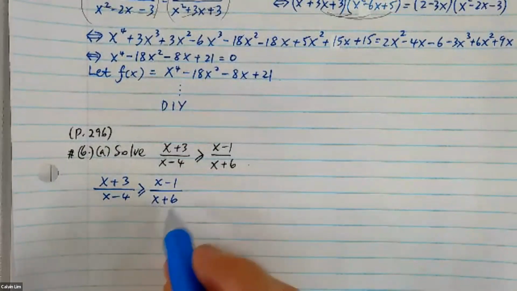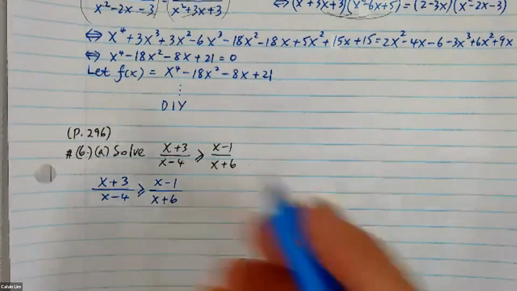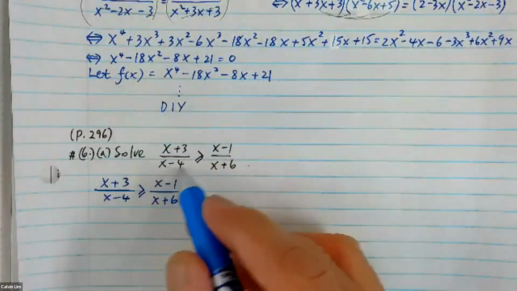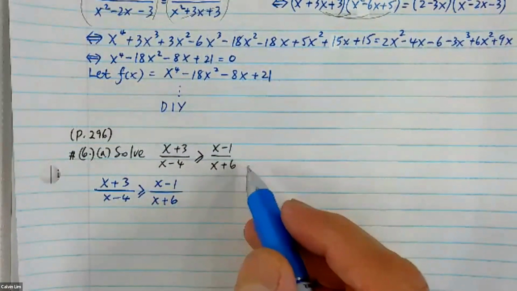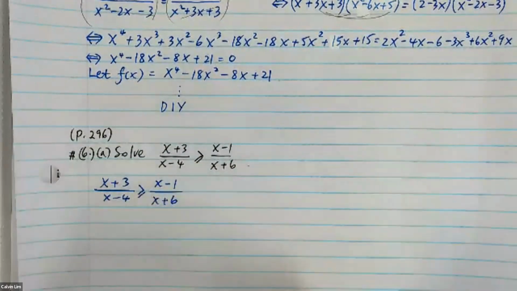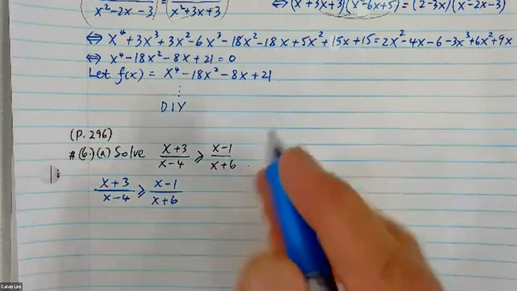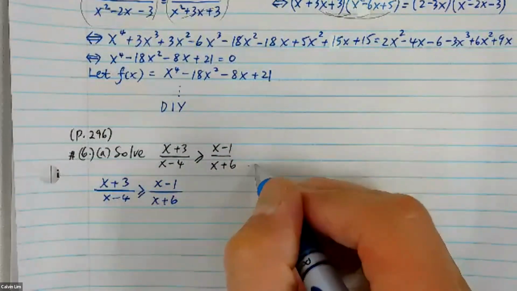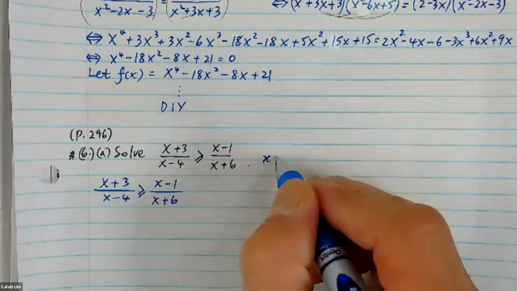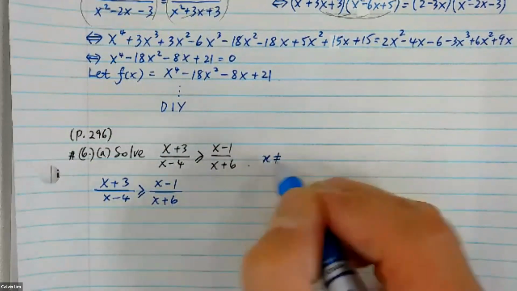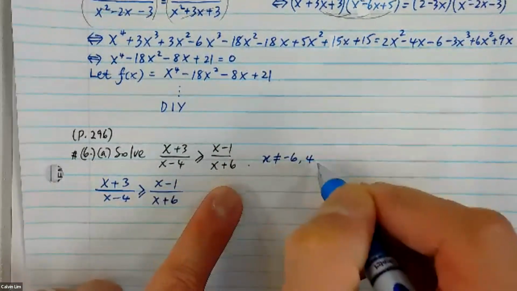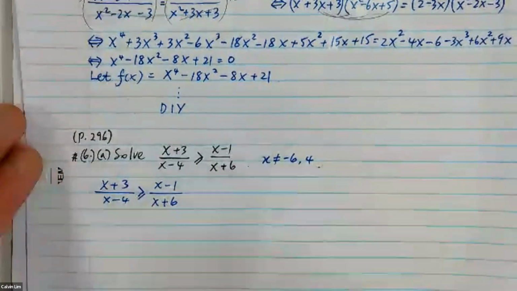Since x can be any value that can render x minus 4 or x plus 6 positive or negative, you cannot multiply both sides by a term involving x. And of course, make sure you always put down the restriction: x cannot equal negative 6 or 4.